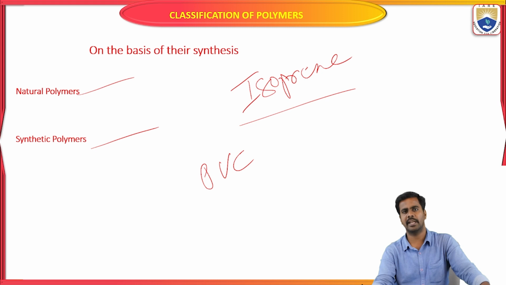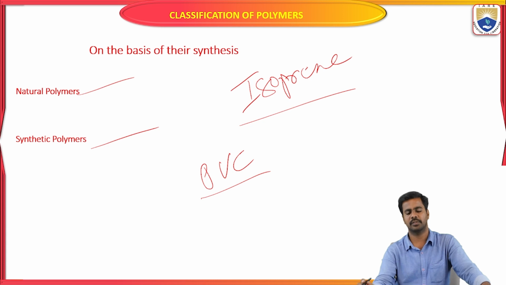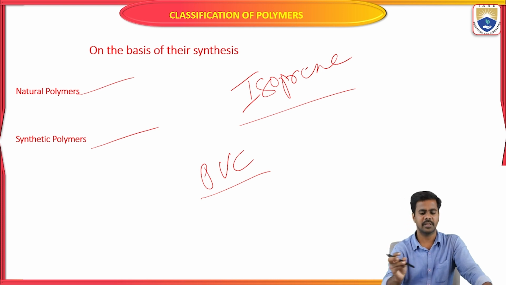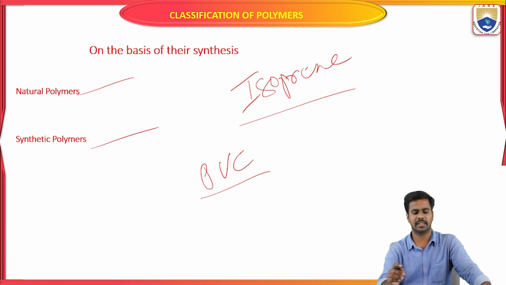Vinyl chloride undergoes a polymerization reaction to produce PVC. So there is a specific chemical procedure to synthesize PVC. This type of polymers are known as synthetic polymers. So on the basis of synthesis, polymers are classified into two types: natural polymers and synthetic polymers.